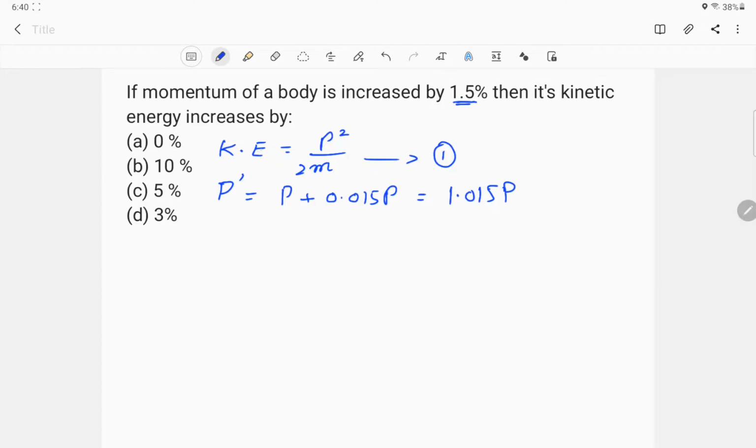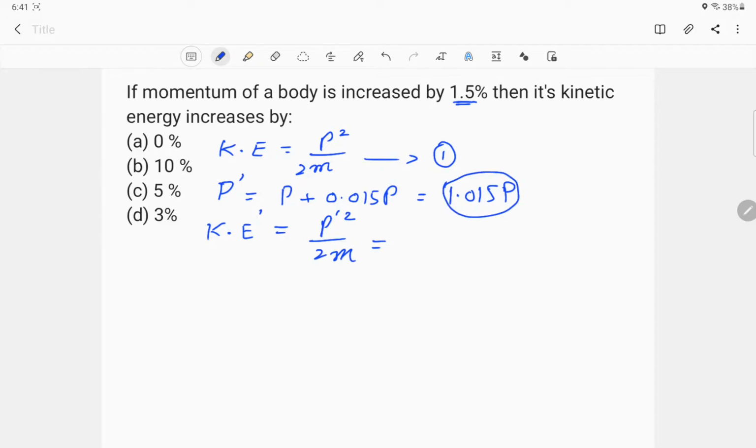Now we have to determine the kinetic energy. That kinetic energy prime will be equal to P prime square over 2m, and P prime square means the square of this.